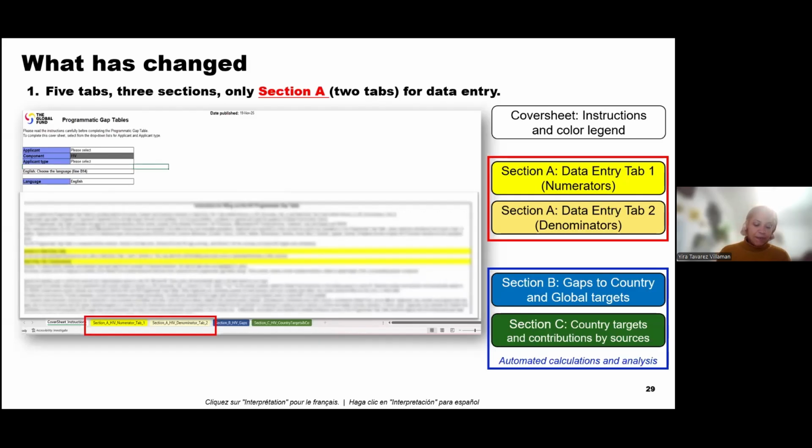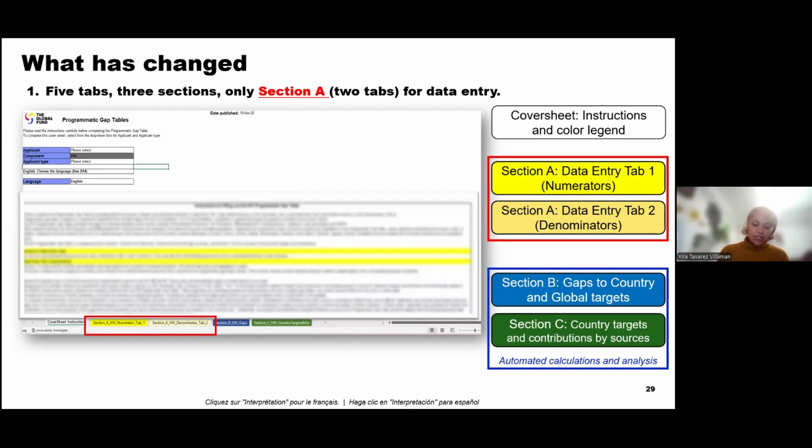Tabs 2 and 3 make up the Section A, where all data are entered. Section A, Tab 1 captures the numerators for priority indicators and modules, while Section A, Tab 2 captures the denominators and key estimates used to calculate gaps against country and global targets. The last two tabs are fully automated.